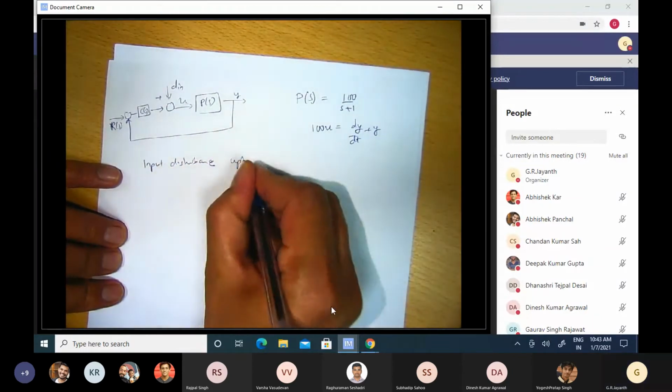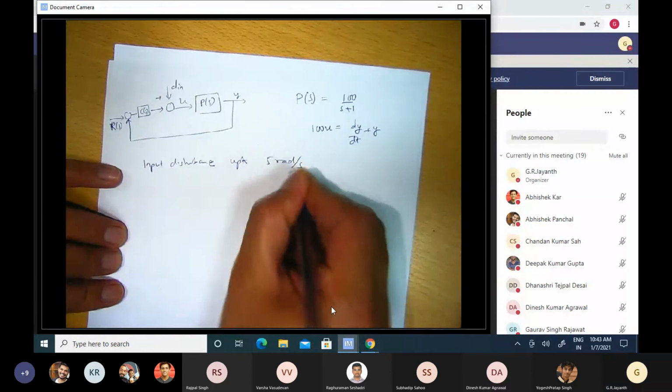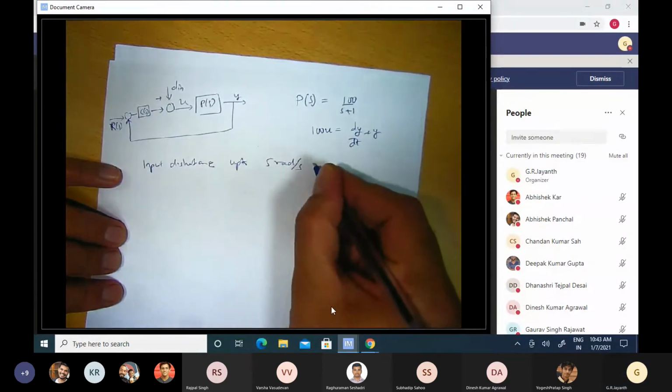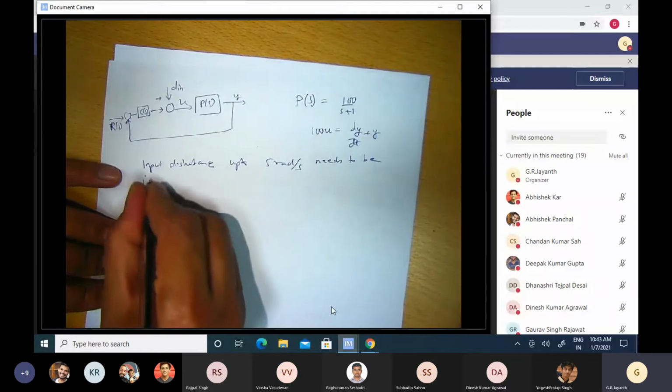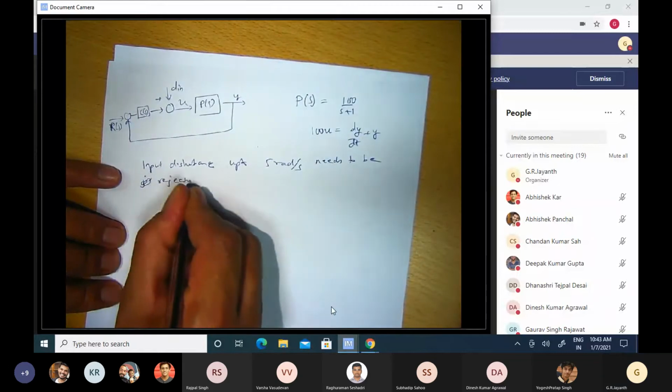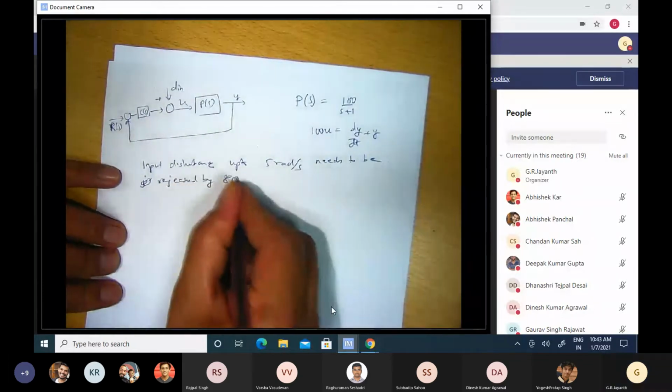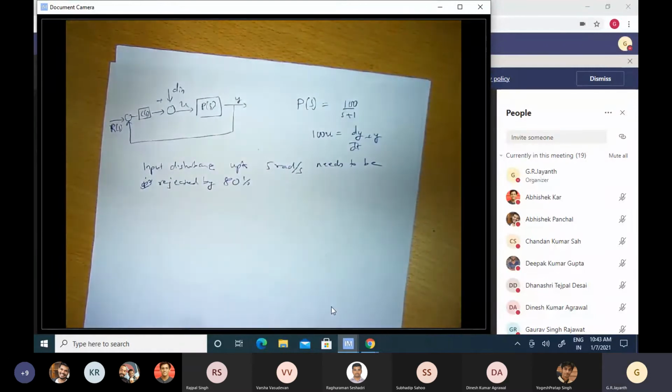up to 5 radians per second, and this needs to be rejected by 80%. Input disturbance up to 5 radians per second needs to be rejected by 80%. Why did I pick 5 radians per second? Presumably because that is all the frequency content there is for the disturbance.